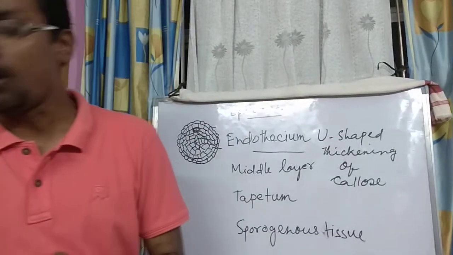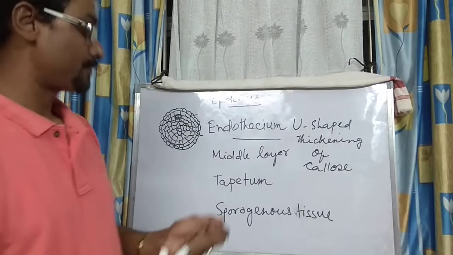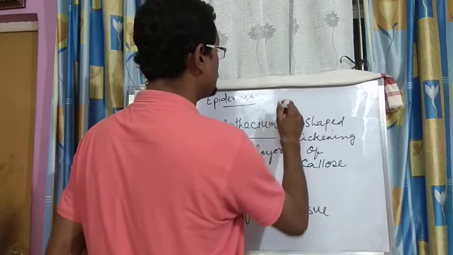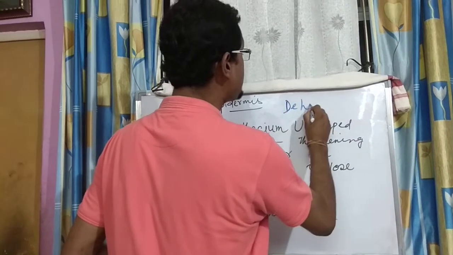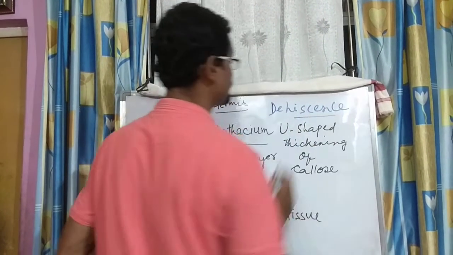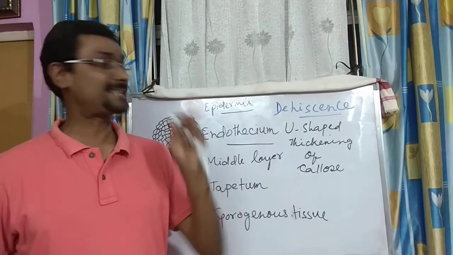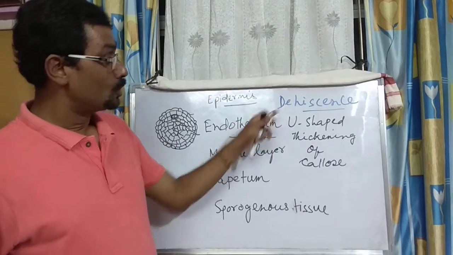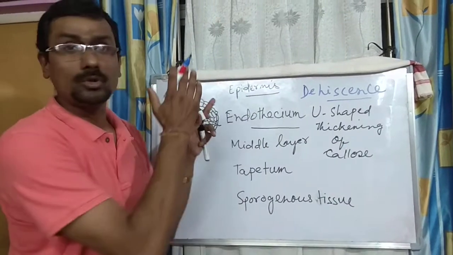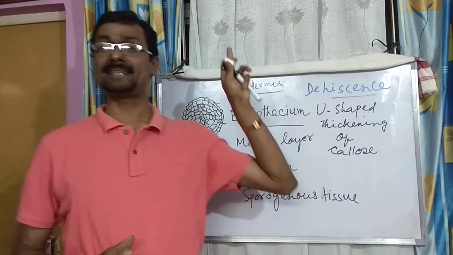Another word I am telling you now, write it down: dehiscence. Dehiscence means bursting. So the U-shaped thickening of callose present in the endothecium helps in dehiscence.